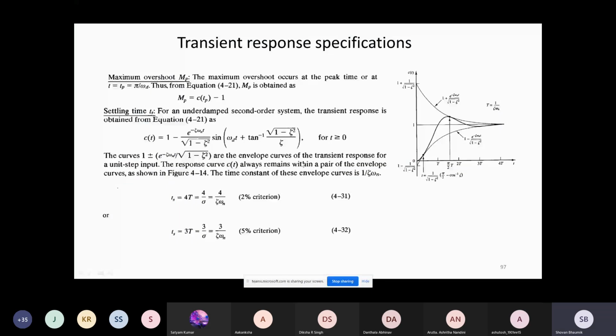Now for many cases, the instrument you build, you may not know the transfer function of the second order instrument properly, but from the output response you may see that it is behaving as a second order instrument, as there is an overshoot and then the oscillation is gradually dying down, and it's coming to the steady state. So the question is, if you don't know the transfer function of the instrument, how can you determine all these points? It is very simple.